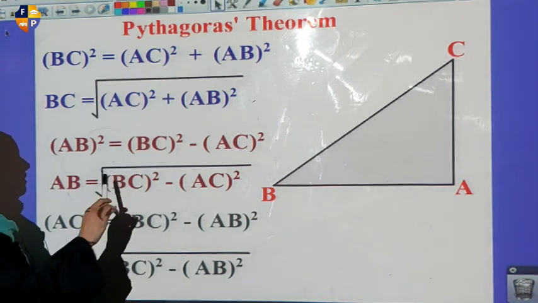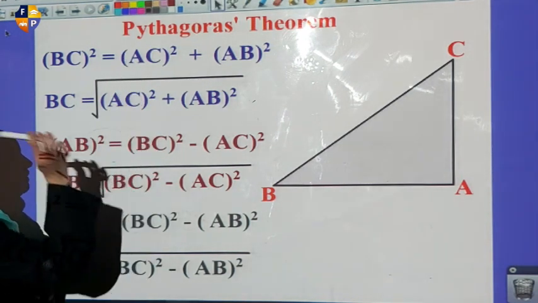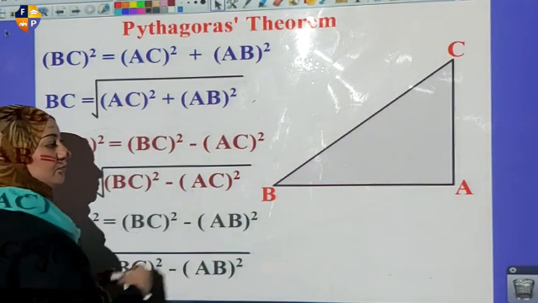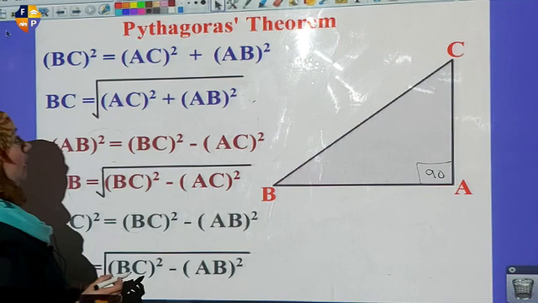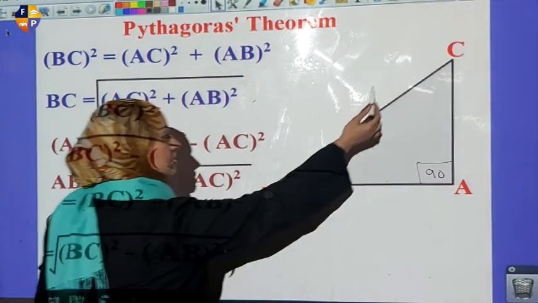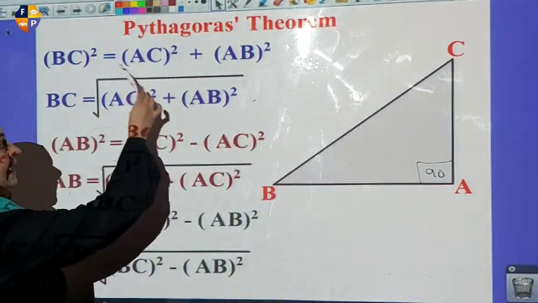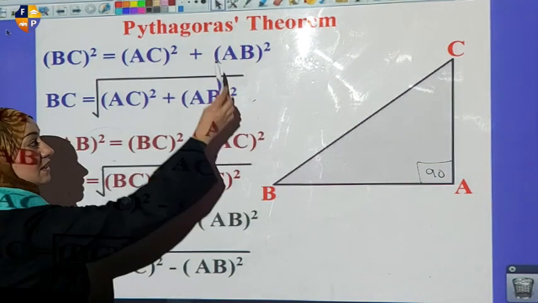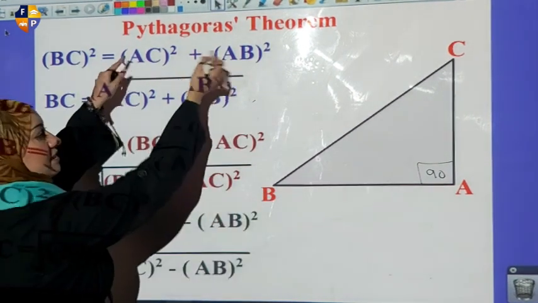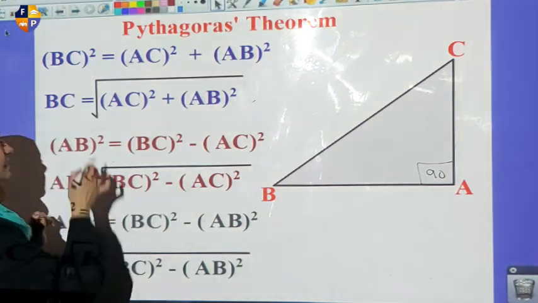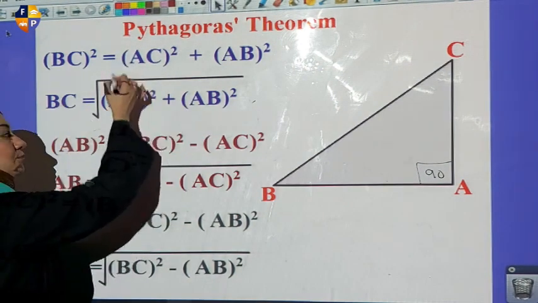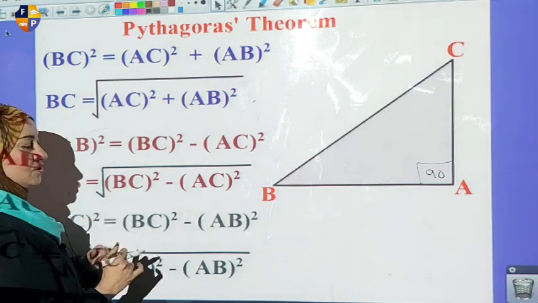Now all of this is the relation about the Pythagoras theorem. This is my right angle triangle. BC is my hypotenuse: BC square equals AC square plus AB square, the two sides of the right angle. When I want to get the length of BC, I will put this relation under the root.